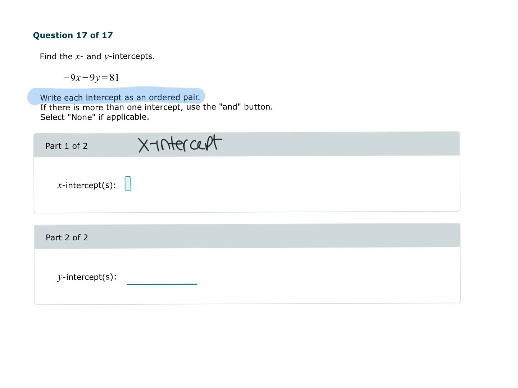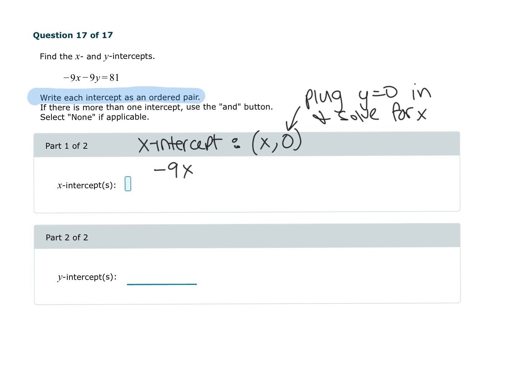Okay, so I'm going to start with the x-intercept, and we're going to follow that same rule. To find the x-intercept, which is always x comma 0, we're going to plug y equals 0 in and solve for x. So I'm going to have negative 9x minus 9 times 0 equals 81. All I'm doing is replacing the y with a 0. Then I solve.